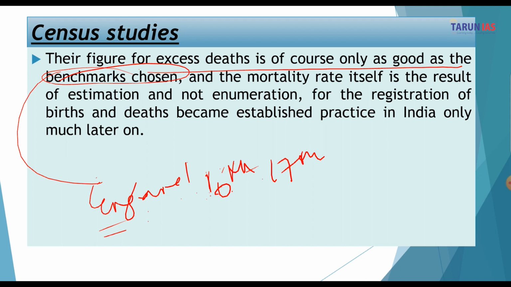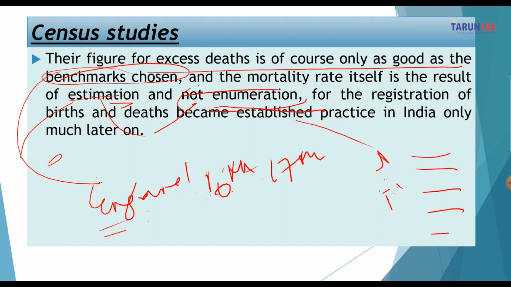The mortality rate itself is the result of estimation and not of enumeration. So these are two different words. Estimation is something that we arrive at after a mathematical calculation, and enumeration is basically an exercise similar to the census. That means you are stepwise trying to count.